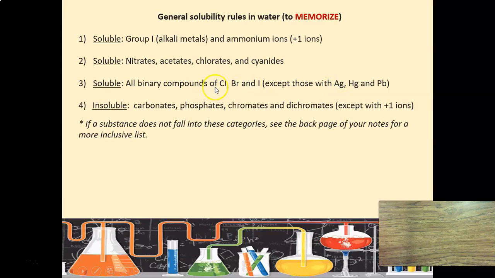So silver chloride, insoluble. Mercury iodide, insoluble. Lead bromide, insoluble. Okay, those are our exceptions. Now, the things that are insoluble that you can count on: carbonates, anything that ends with a carbonate, phosphate, chromate, or a dichromate, unless they are with this first rule, unless they're with an alkali metal or ammonium.